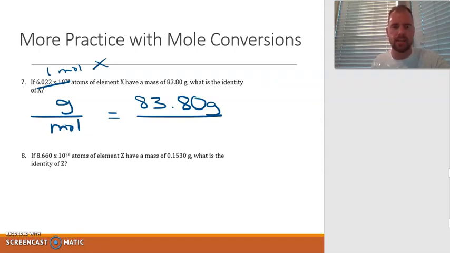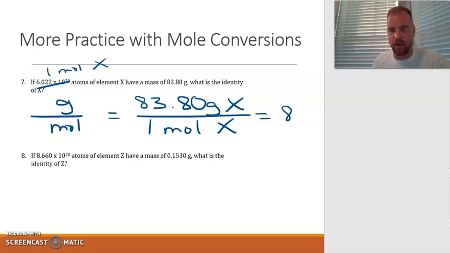So basically when it says if 6.022 times 10 to the 23rd atoms of element X, let's just rephrase that and say if 1 mole of element X has a mass of 83.80 grams. That's the definition of molar mass, right?